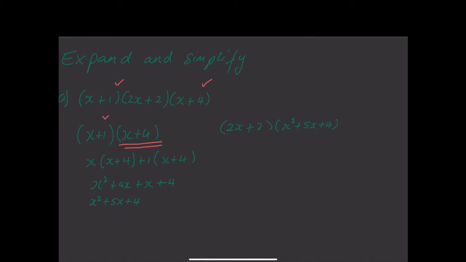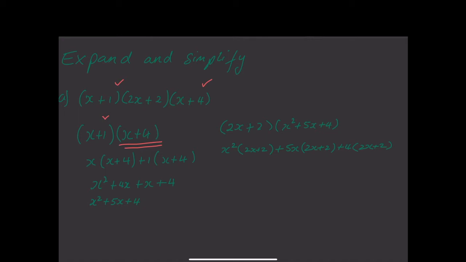Now we can do the partition method where we're going to multiply x squared into 2x plus 2, plus 5x into 2x plus 2, plus 4 into 2x plus 2. Now the difficulty with this method is that it's rigorous, meaning that you have to do a lot of steps and students find that difficult.